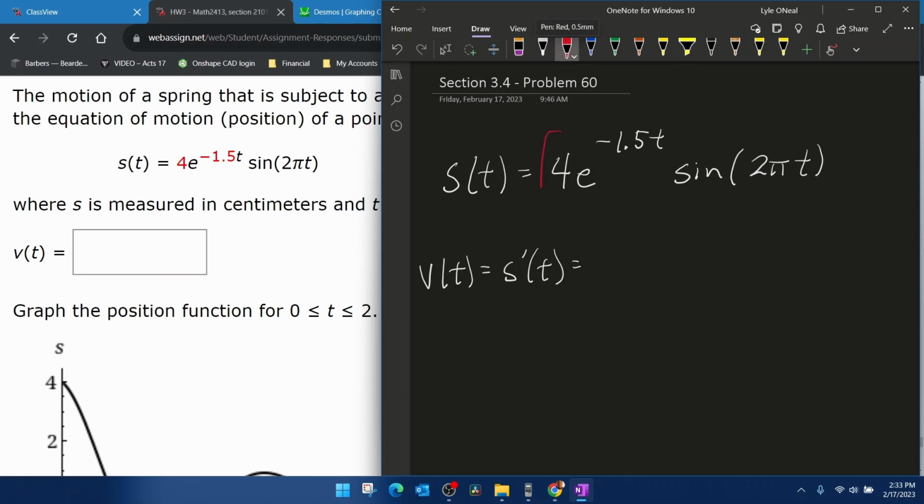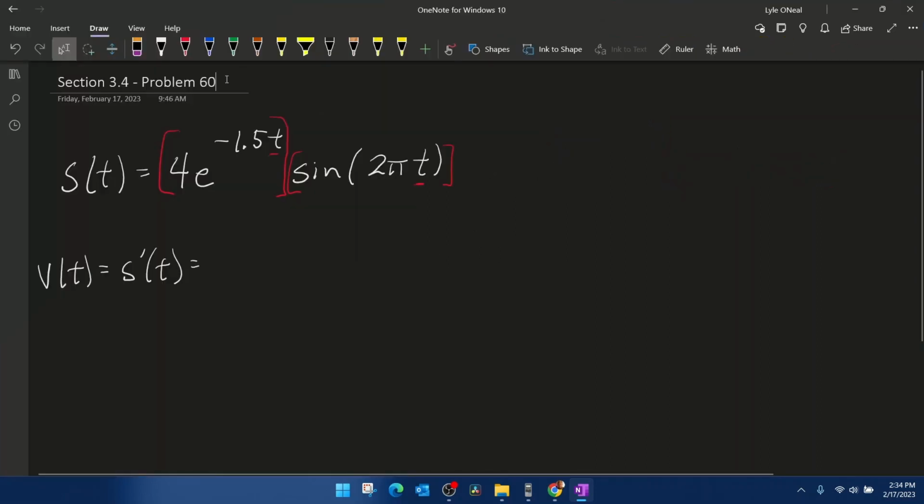What I notice is that we've got this first factor in terms of t times this factor that is also in terms of t. And so that indicates that we're going to have to use the product rule to find this derivative. All right, so let me blow up my workspace just a bit.